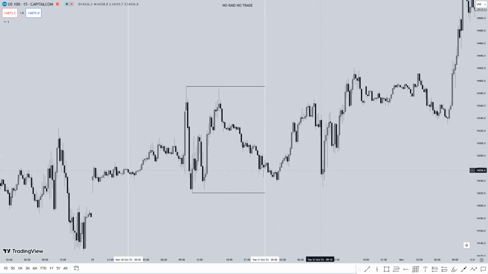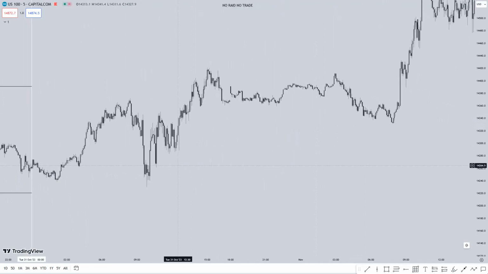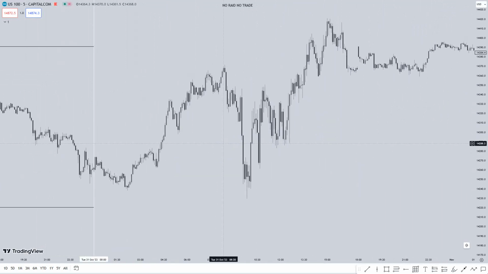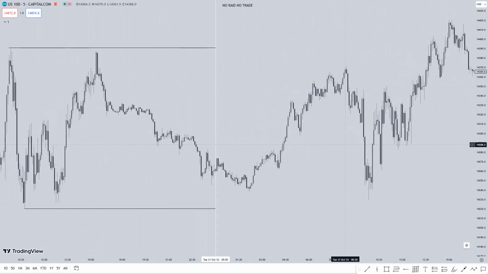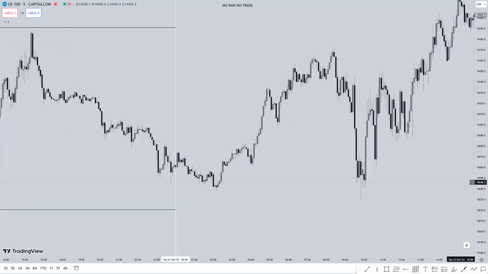Okay, so looking at this instance right here, let me just head down to the 5-minute just to explain to you guys why I wouldn't take this trade right here. Based on the 2022 YouTube model, once you have your framework, you want to mark out 8:30. Your liquidity pools before 8:30, that's when you want to start looking for trades.